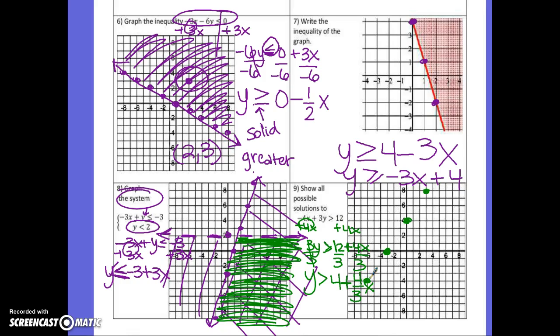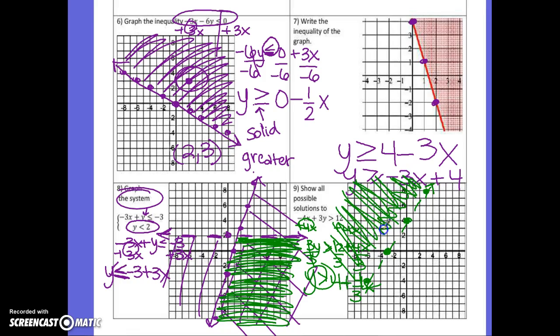In this one, it is not equal to, does not have the line, so make sure your line here is dashed because these are not solution points, but they help show us where the solutions are. And it says they are greater than. So everything above the line, these are where the solutions are right here.